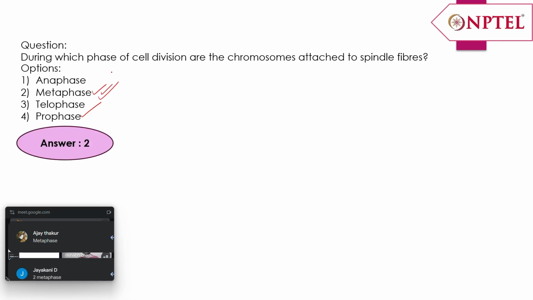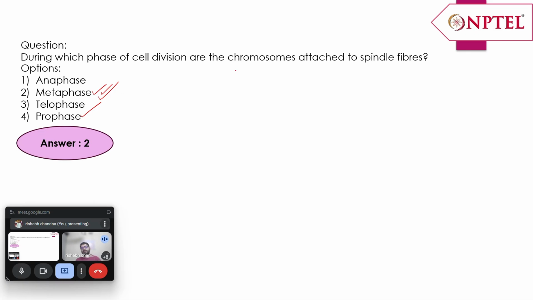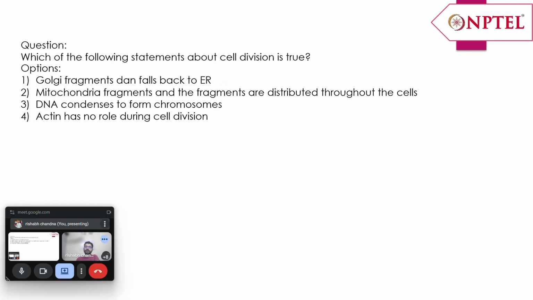Yes, the correct answer is option number two, metaphase. So, in case of the metaphase, what happens? The chromosomes are arranged in a central plate and are attached to the kinetochore through the centromere. Okay. So, any doubts? Okay, if not, then we'll move on to the next question.